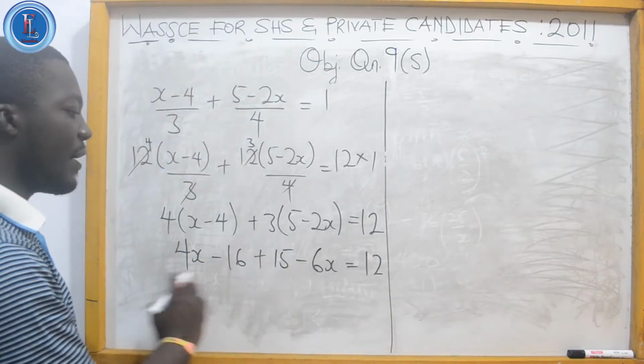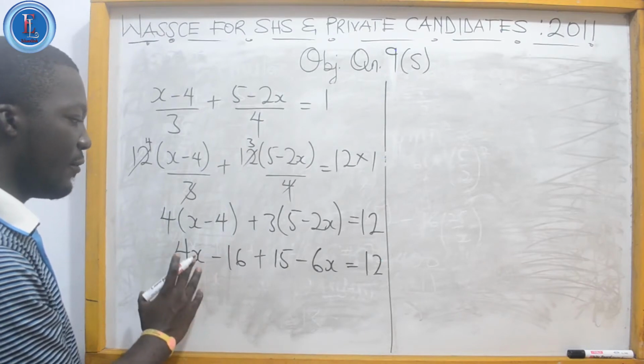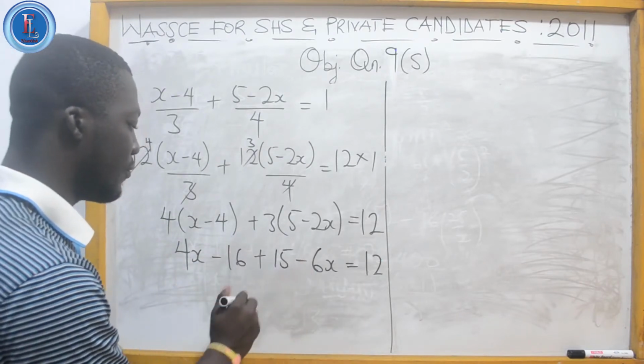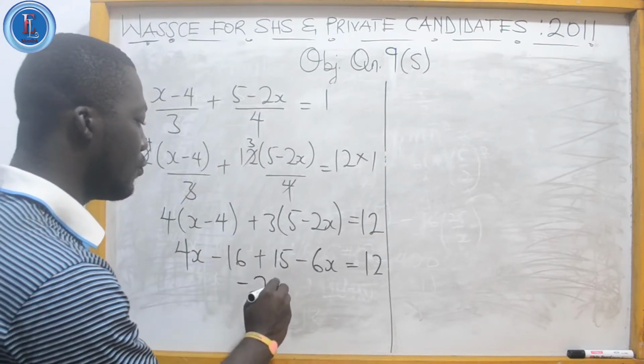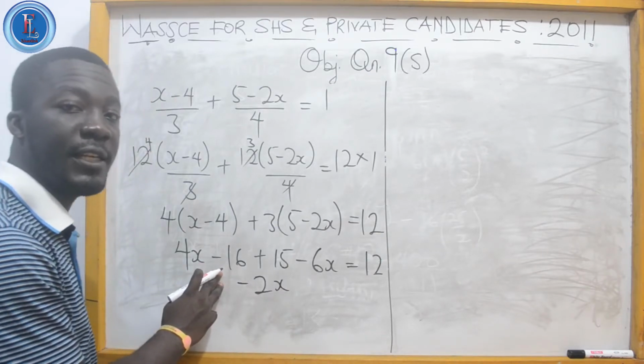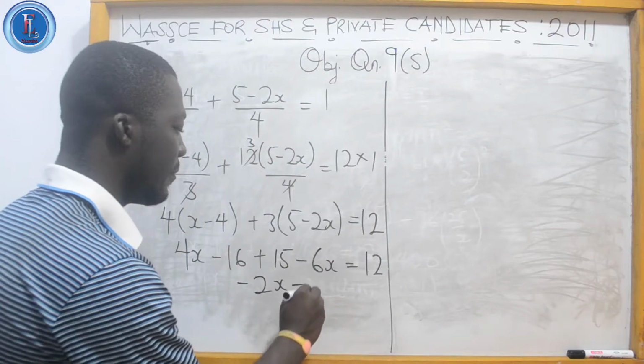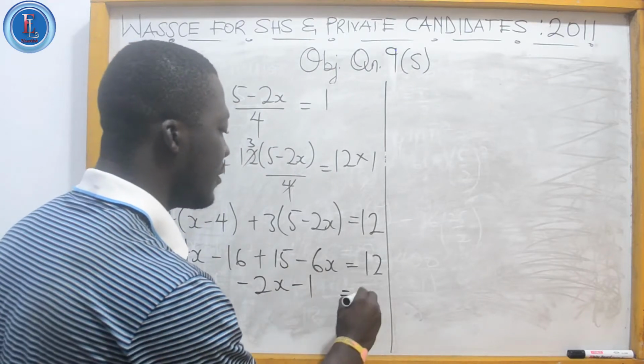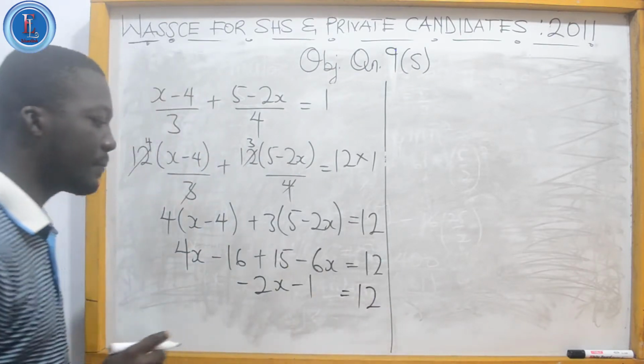We can simplify what we have at the left hand side. 4x minus 6x will be negative 2x. Negative 16 plus 15 is minus 1, which is equal to 12 here.